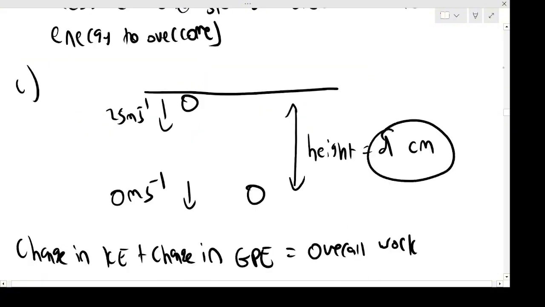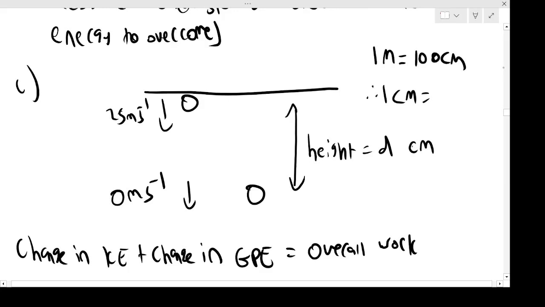Now this has to be in meters. So remember, you should know 1 meter is 100 centimeters. So to convert to meters, it's 0.01 meters if you divide by 100, right? The units matter because it has to be in meters.